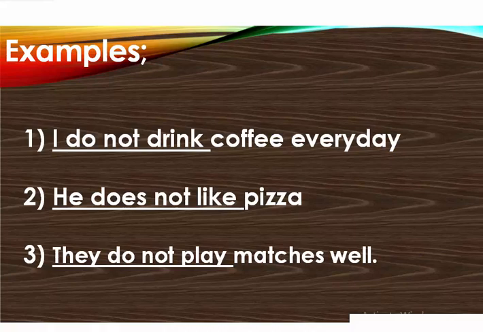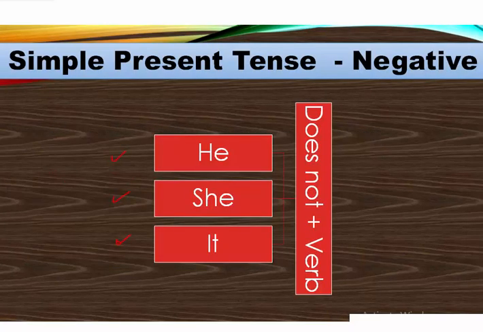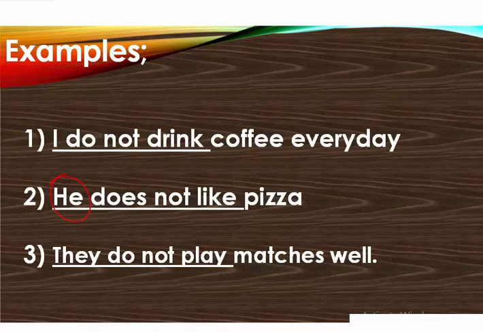See the second example. He comes. Here, he is here. So let's see the formula. When he comes, it will join with does not and the verb. See here, he does not like pizza.